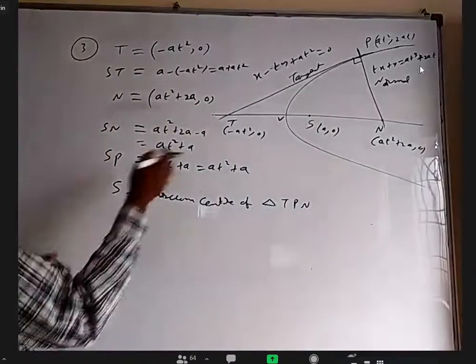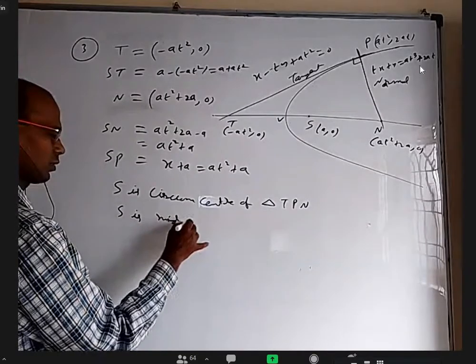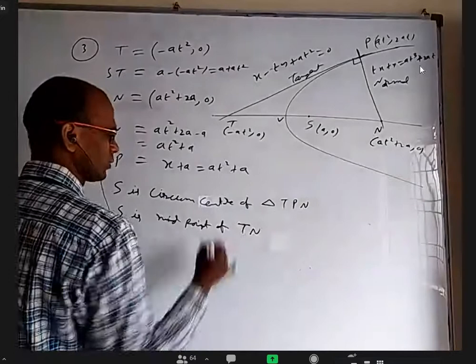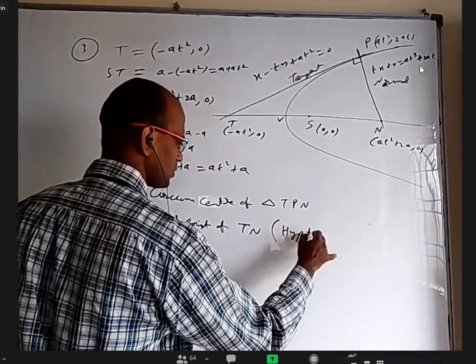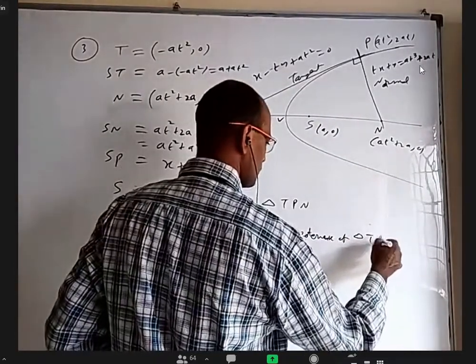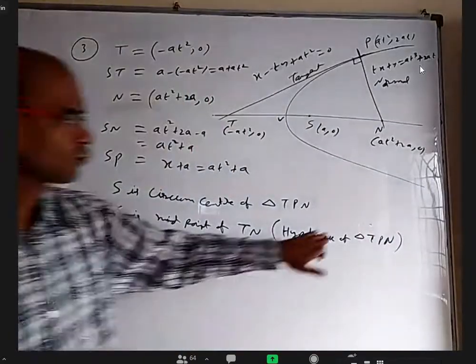So it is that also. Anyway, you can write S is the midpoint of TN, which is basically the hypotenuse of triangle TPN.